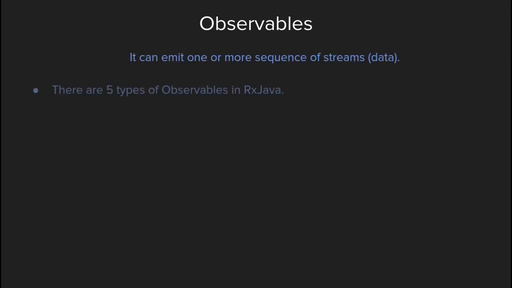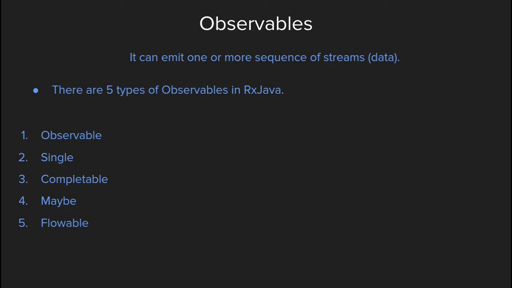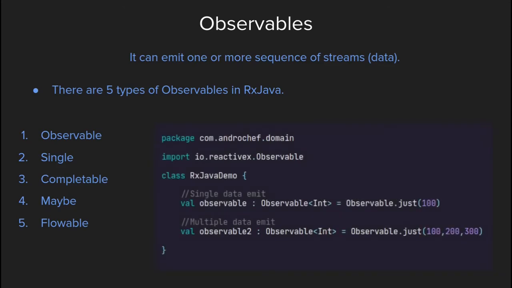So let's talk about observables. As per the definition, an observable can emit one or more sequences of data, and in RxJava we have 5 types of observables: observable itself, single, completable, maybe and flowable. In the upcoming videos we are going to cover all these 5 observables, but for now let's take an example to understand it.